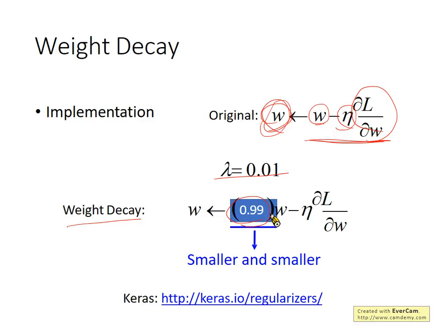We multiply 0.99 to the original w and then do the gradient descent. If the corresponding link is useless, we will keep multiplying by this value again and again, and then the updated parameter will get smaller and smaller. So this is how we implement the weight decay approach.